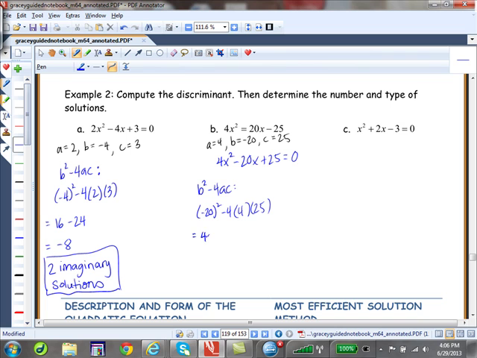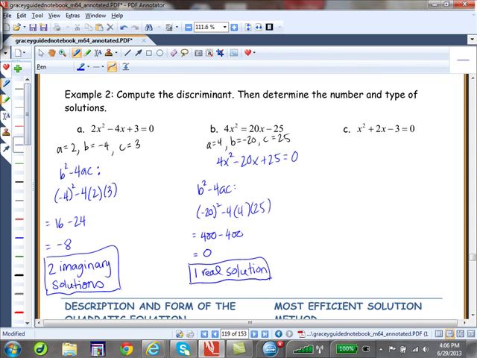So that's going to be 400 minus, let's see, 4 times 25 is 100. 100 times 4 is 400. So 400 minus 400, so we'll get 0. So that means we'll have one real solution, which means one x-intercept.